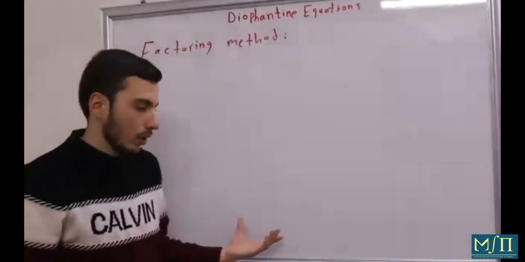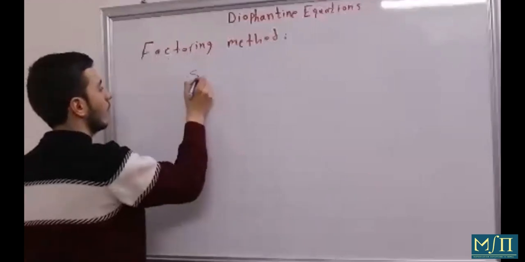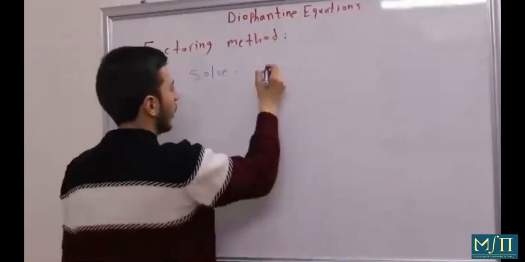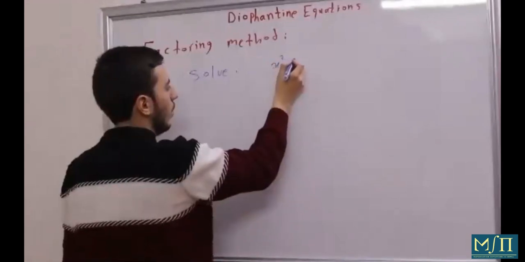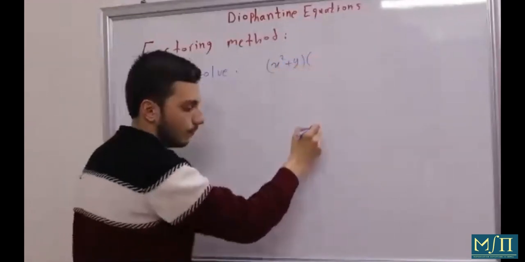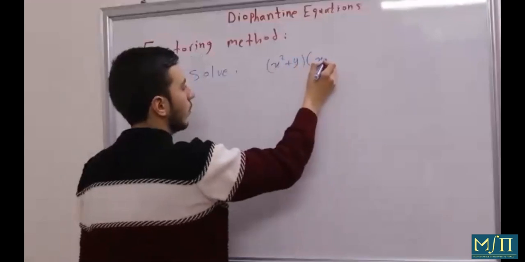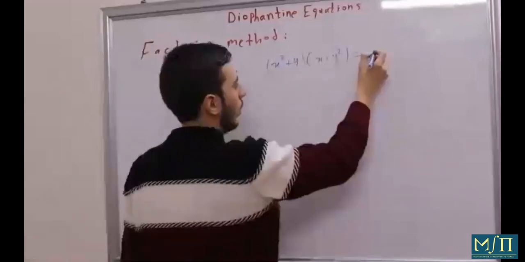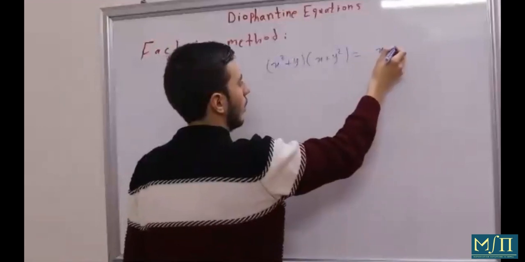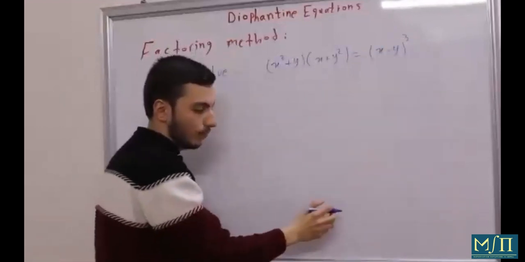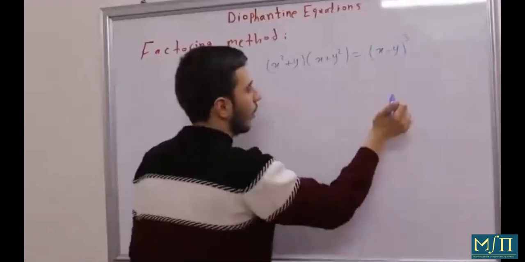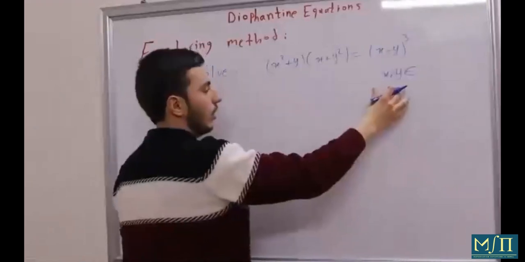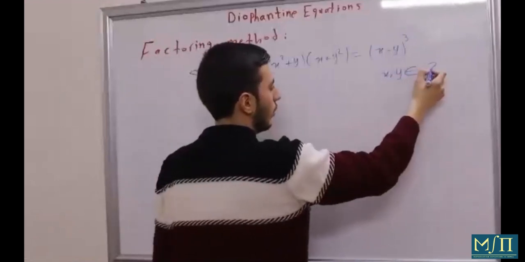The first problem is: solve (x squared plus y) times (x plus y squared) equals (x minus y) cubed. Okay, and we have x and y are non-zero integers.